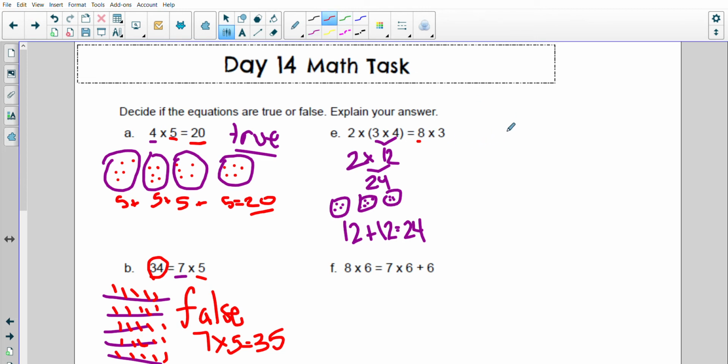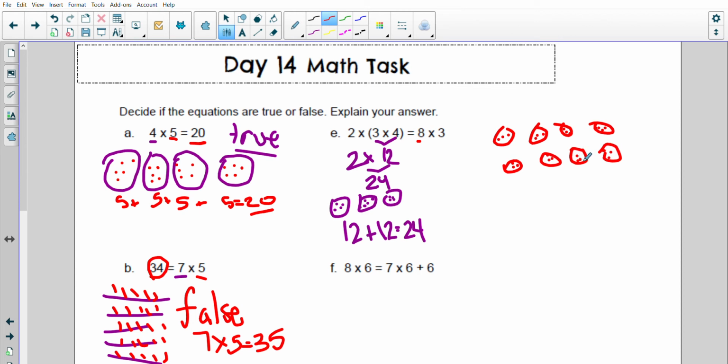Now I'm going to solve for 8 times 3. So I have 8 groups. 2, 3, 4, 5, 6, 7, 8. I'm going to put 3 in each group. 1, 2, 3 in each group.